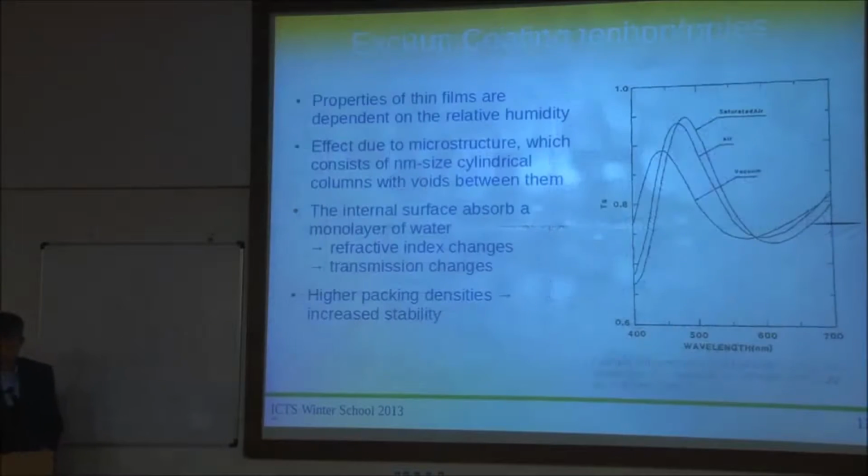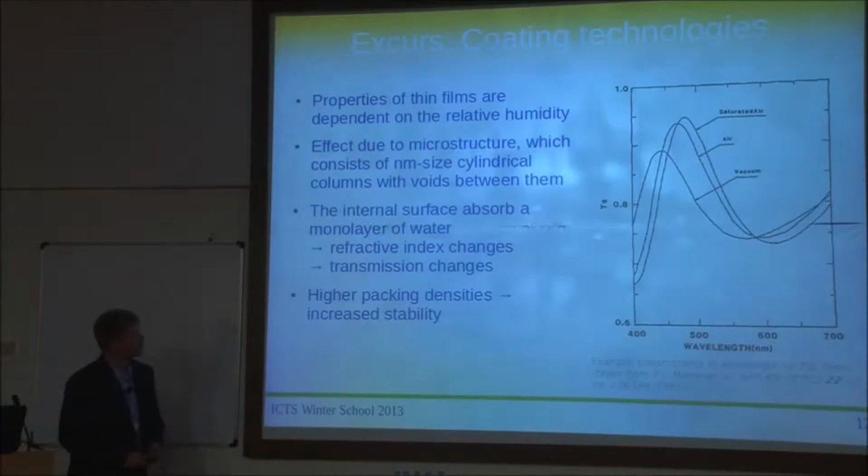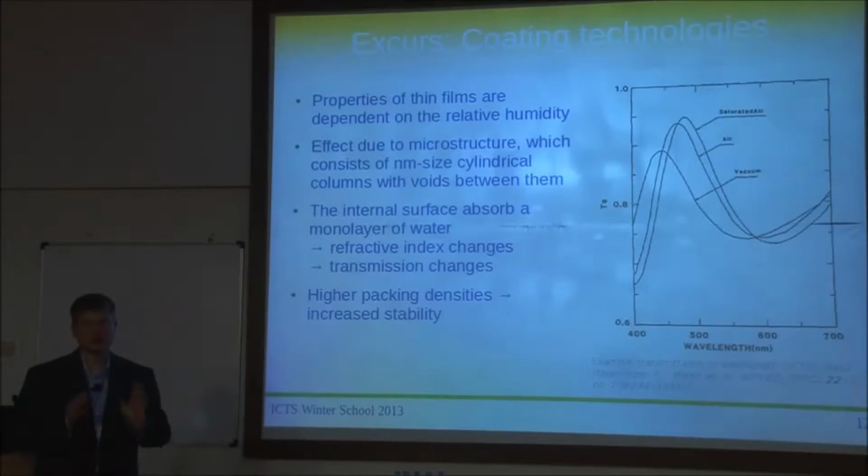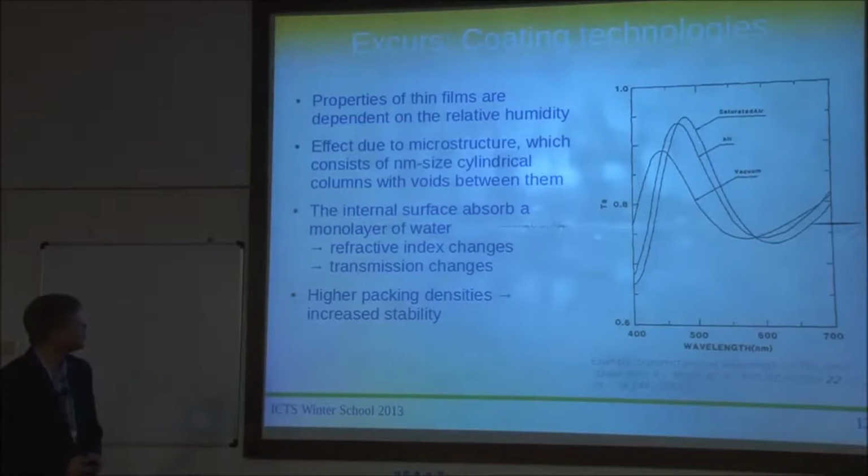So I have a little slide for the coating. The normal coatings that you can just buy if you buy a standard mirror or a standard substrate is called an electron beam coated coating, and I'm going to tell you at the next slide what that means.